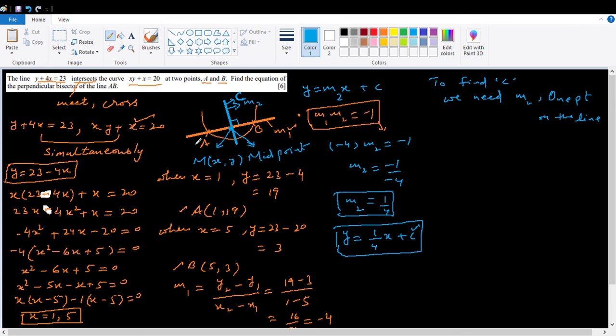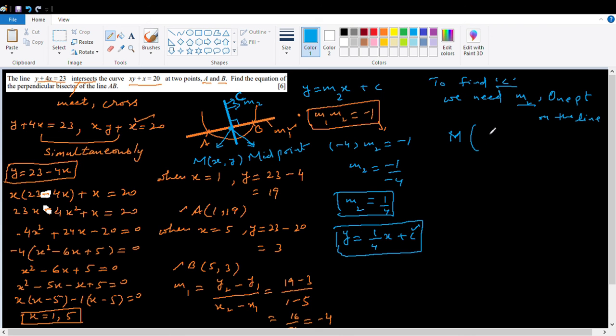There is only one point here, which is the midpoint on this blue line. There is no other, because on this line we have point A, point B, but on this blue line we have only the midpoint, that is capital M. So let's quickly find out the coordinates of capital M, because we just want to find c. The value of m2 we have found, that is 1 over 4.